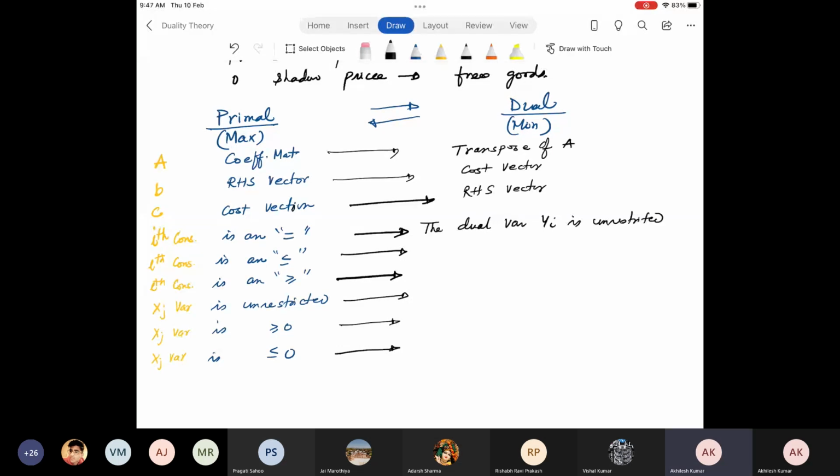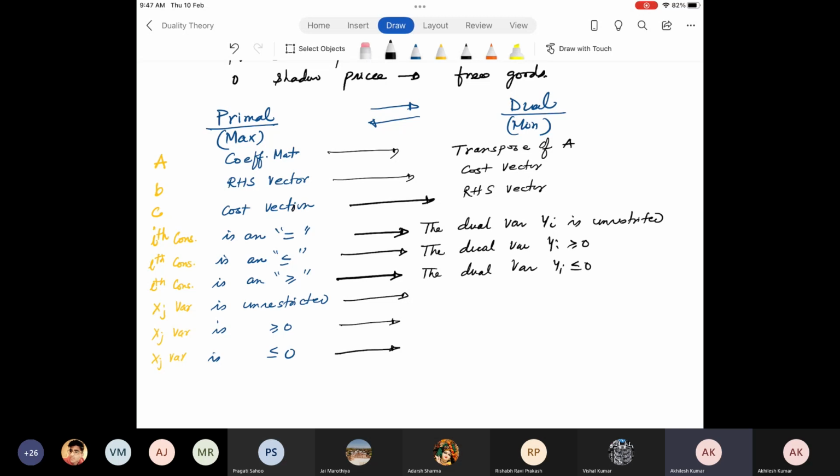If the ith constraint is less than or equal to, the dual variable yi is greater than or equal to type. If the ith constraint is greater than or equal to, the dual variable yi is less than or equal to type.